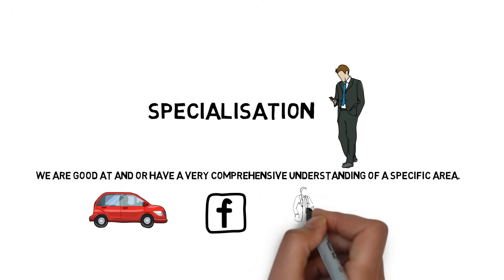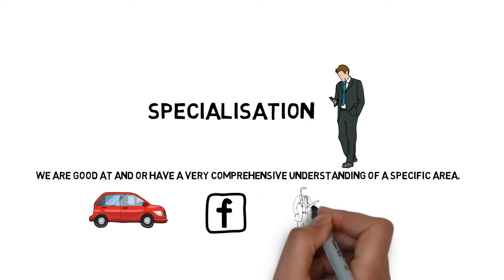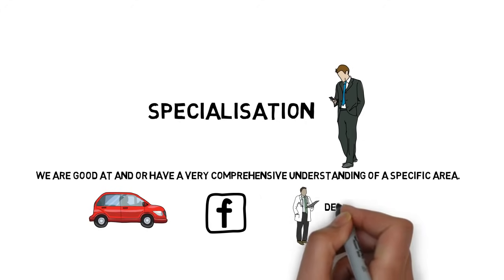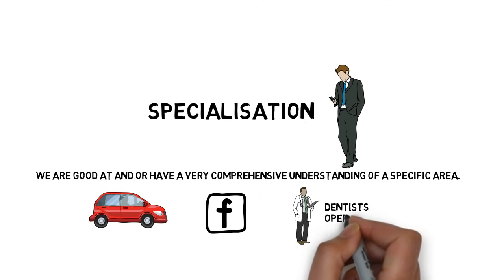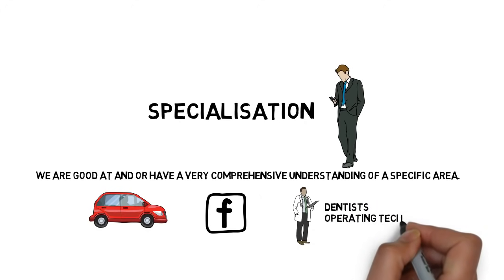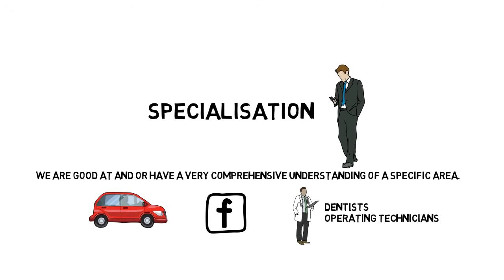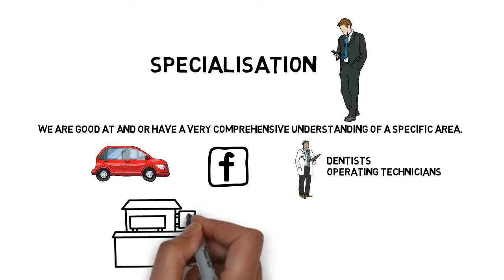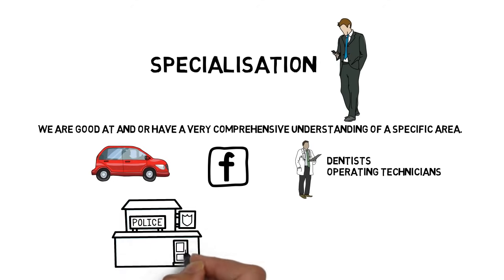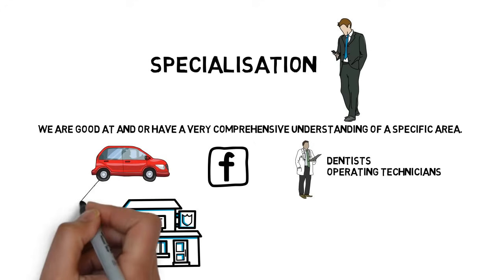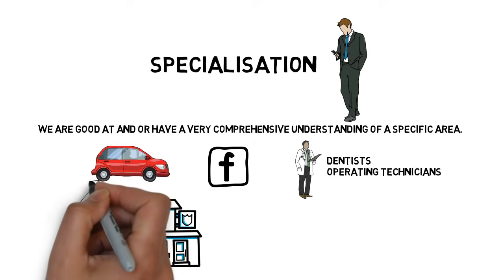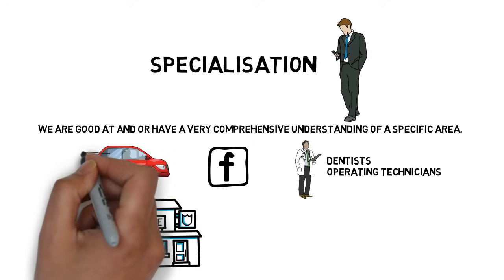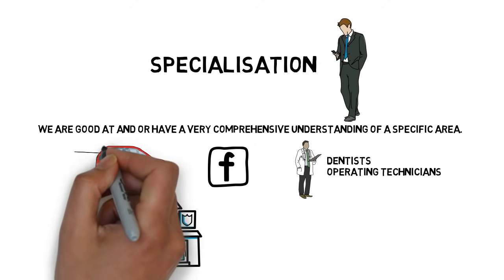For example, we have different doctors who specialize in different areas of medicine, like dentist, operating technician, and so on. We have legal workers who specialize in civil service, for example, or corporate. There are different areas of specialization in business. So you could have a business that specializes in producing car tires. You could have a business that specializes in producing windows for that car.